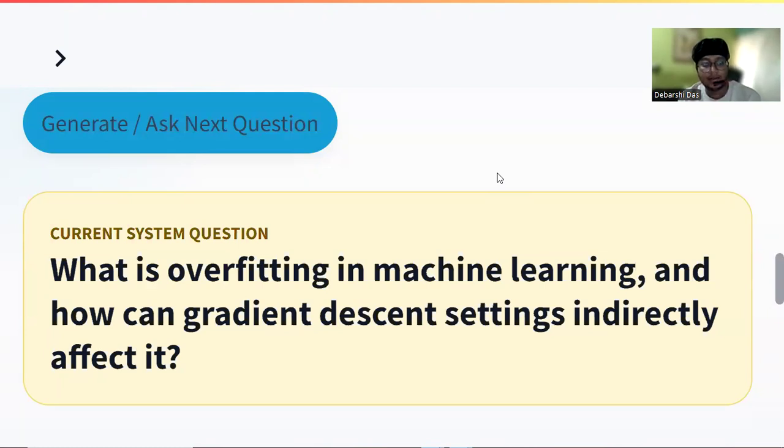And gradient descent settings can indirectly affect it when certain data sets have saturation, where some of the values in the data set are too highly positive or negative.